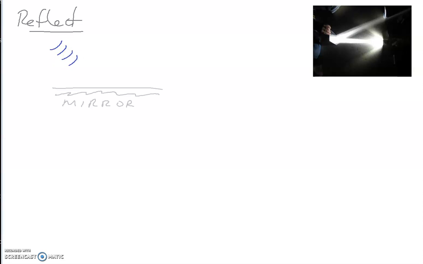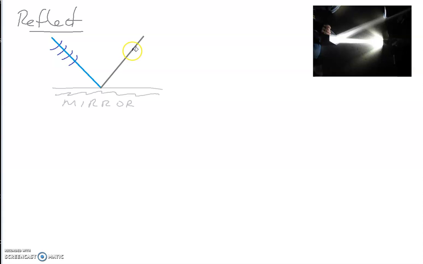It's a lot easier to draw a wave ray, which would look something like this. And of course, when it hits the mirror or the barrier, whatever it is, it's going to bounce off. And when it bounces off, it doesn't bounce off in any random direction. It bounces off in the same direction that it was before.